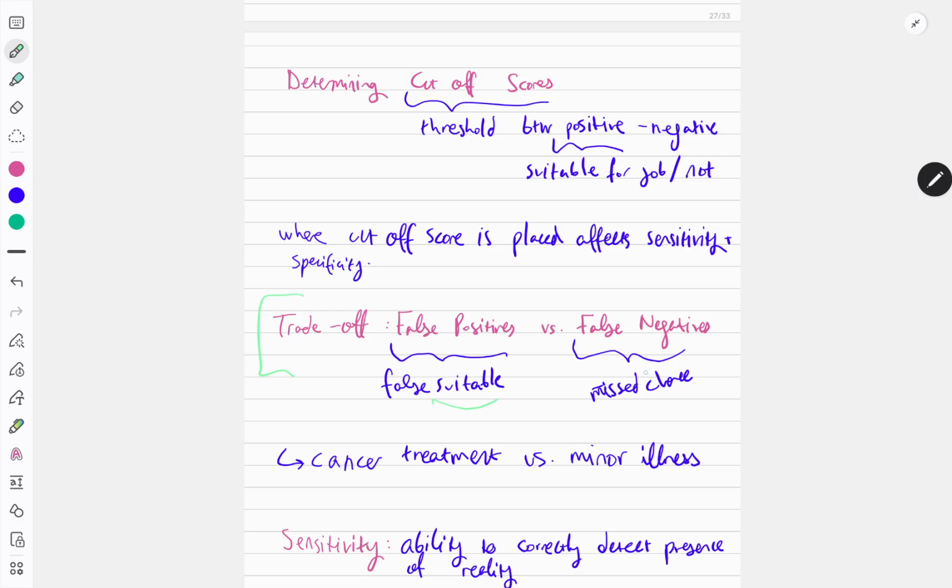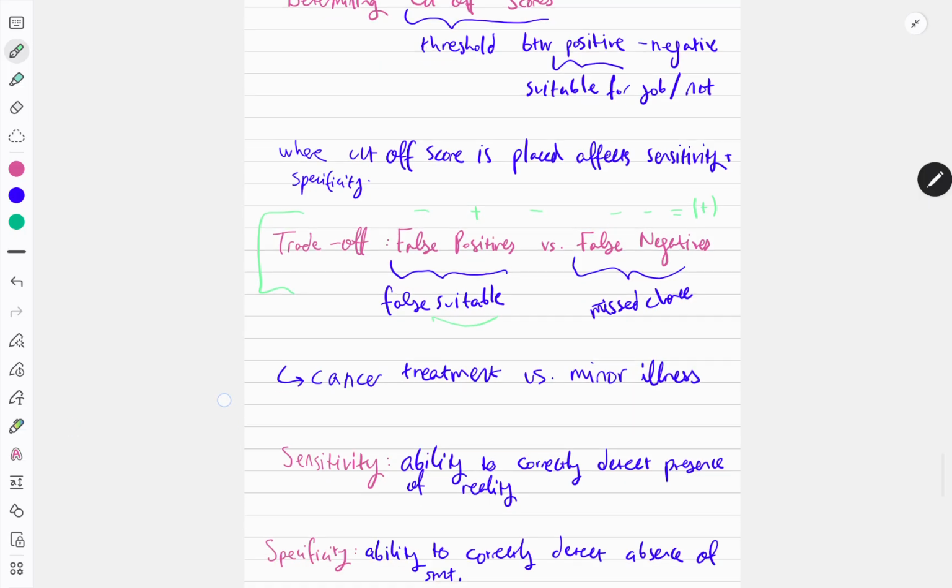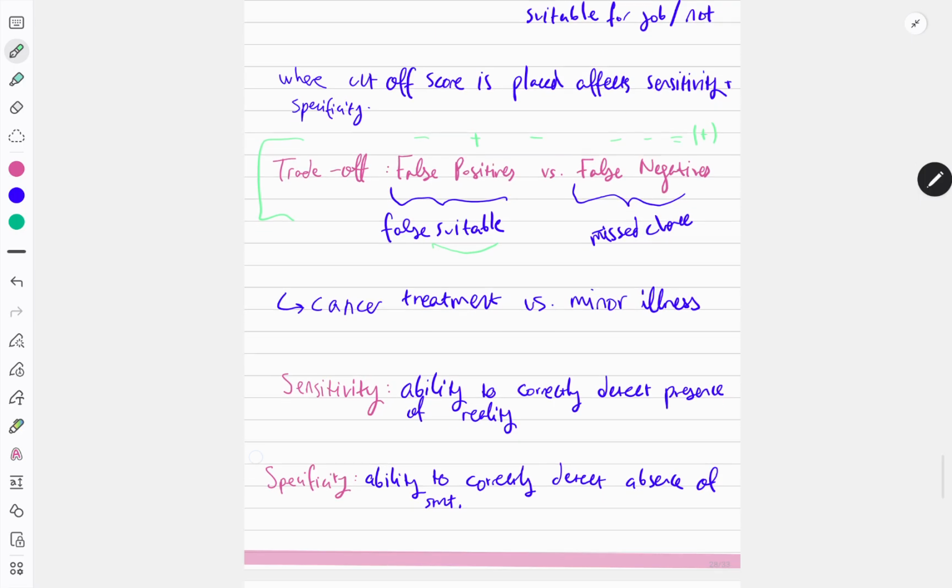And then there are people that are missed chances, but we thought that they were not good candidates, so we lost them. You can think of it like two negatives make a positive, but that positive is kind of like a secret, so we can't see it. But this one is like negative in conclusion, so maybe it will help, I don't know.